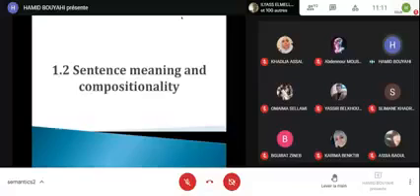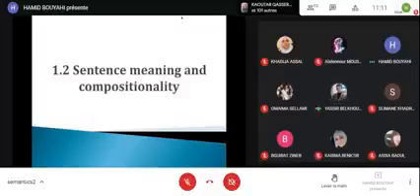Now we'll move to sentence meaning and compositionality. Does anyone have an idea about what we are going to cover here? We have seen this last year, I think, haven't we? So, compositionality. Yes. Is it about how composition affects the meaning of the sentence?